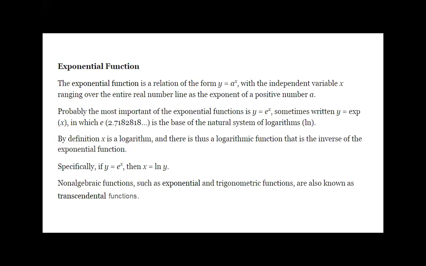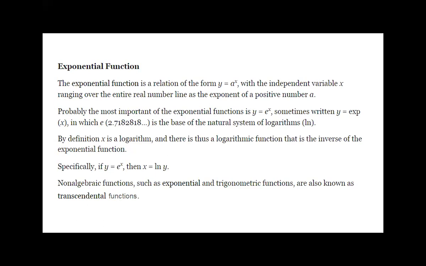Logarithms and exponentials are opposite to each other. When we tell it as a logarithm, it will have some base.